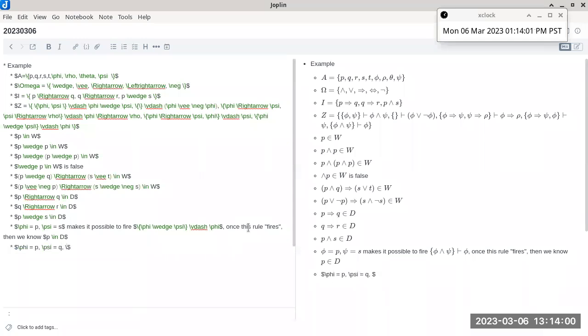And then we'll make rho the same as the other side, which is the R. So what we are looking at here is a proposed way of substituting things. I'm proposing that the placeholder that we know as phi is the same as the variable P, psi is the same as Q, and then rho is the same as R.